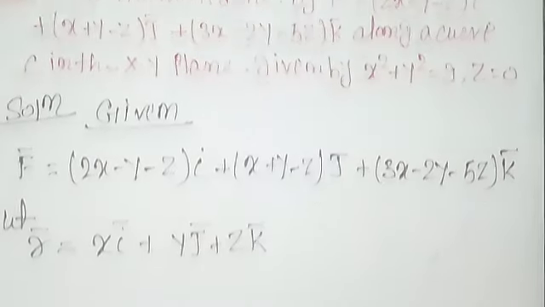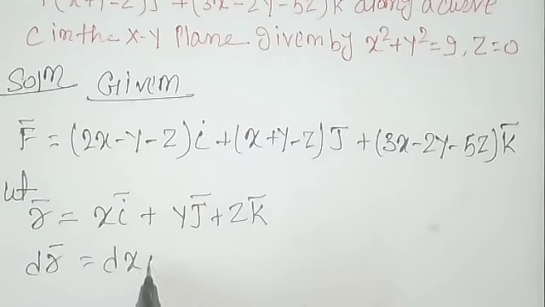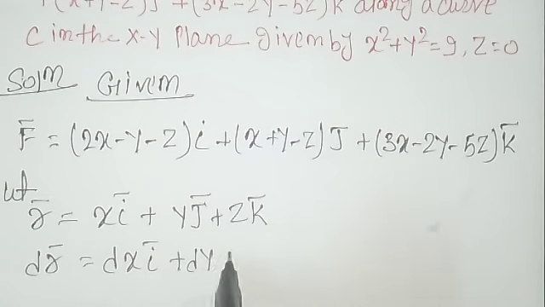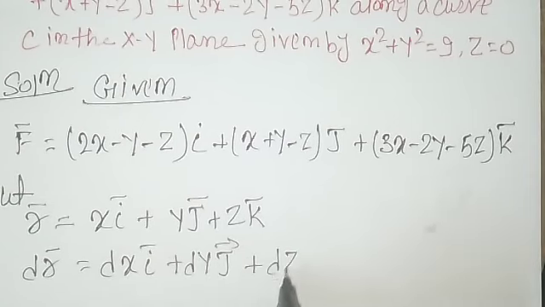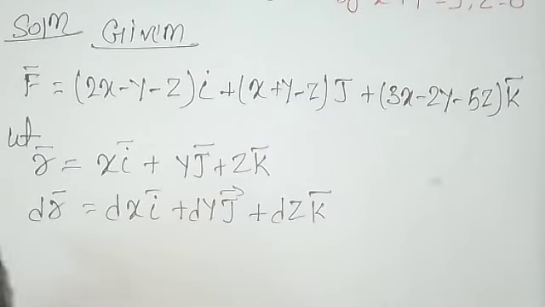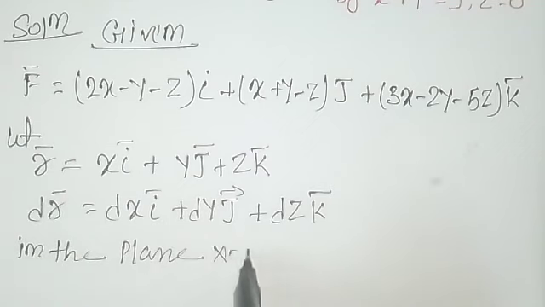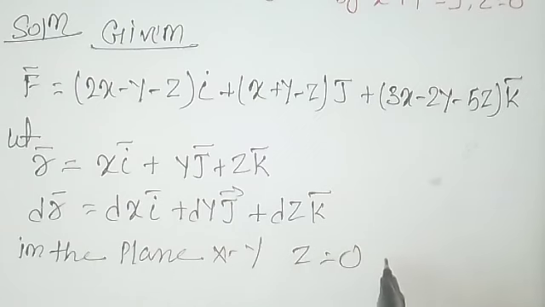Similarly you can find dr, which is dx i plus dy j plus dz k. Now in the plane of xy, z is equal to 0. It means dz is equal to 0.